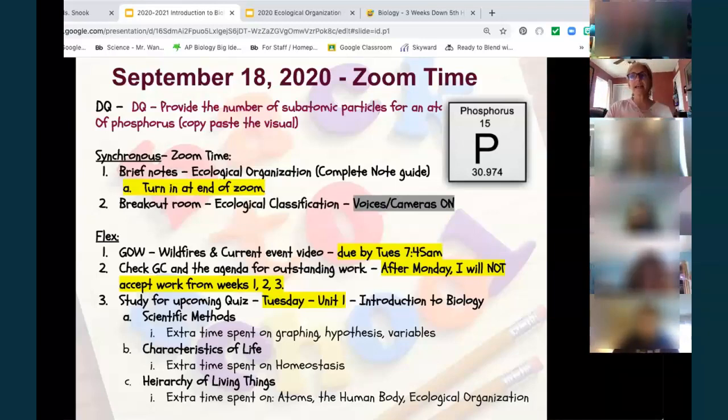You should read it and then put it in your own words. You summarize it, paraphrase it, whatever. So by the time we're done with the Zoom, you should have that worksheet completed and then you can just turn it in, okay? I'll talk about the flex later.